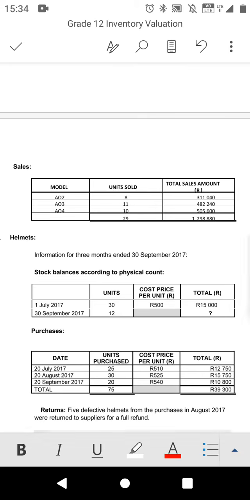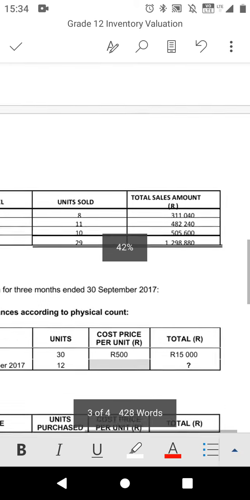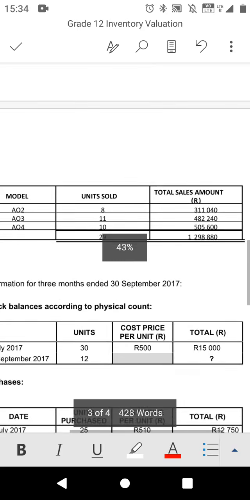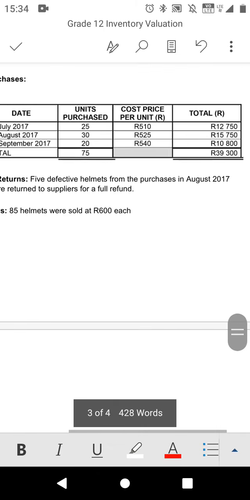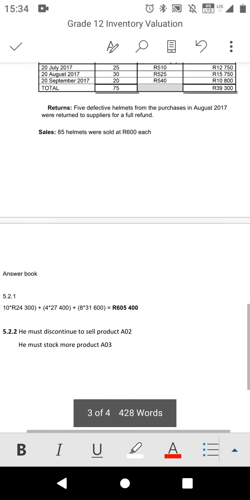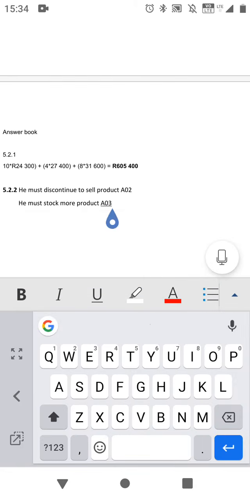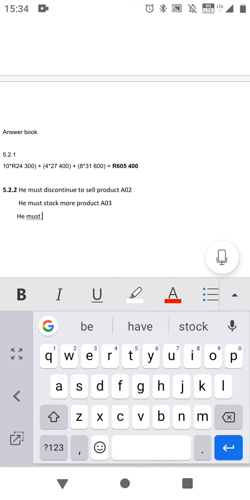Okay, what advice can we give him? If you check on total sales, A4 contributed more than any other product in terms of total sales. So even on this one, he must also be consistent in the A4 product.